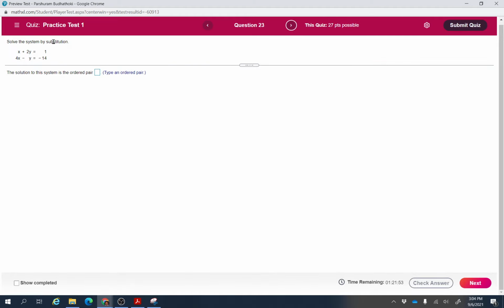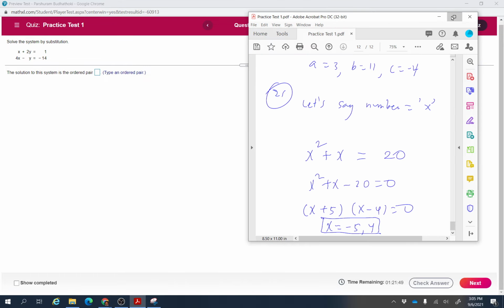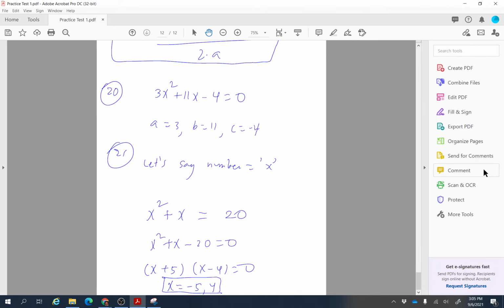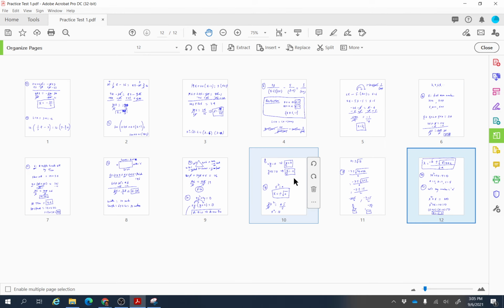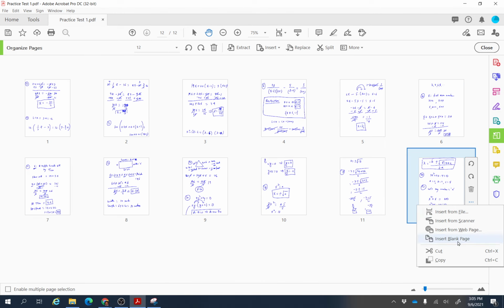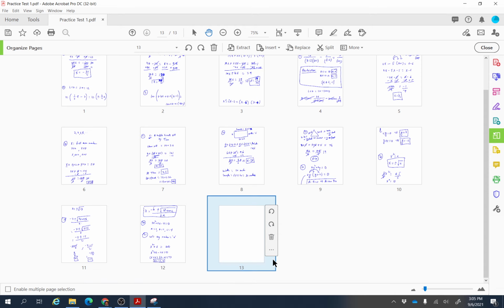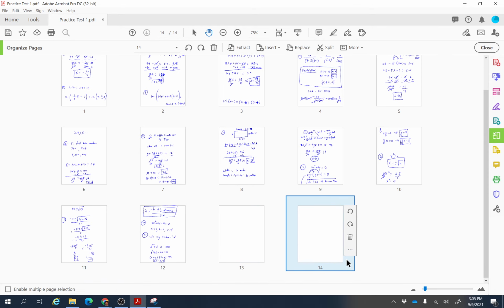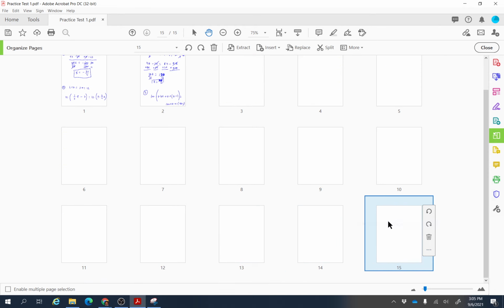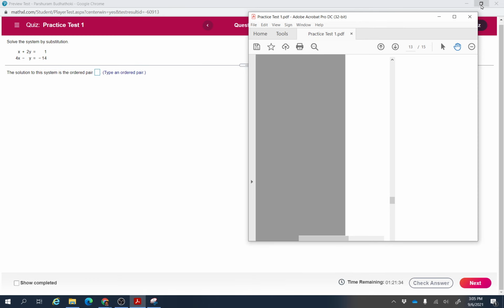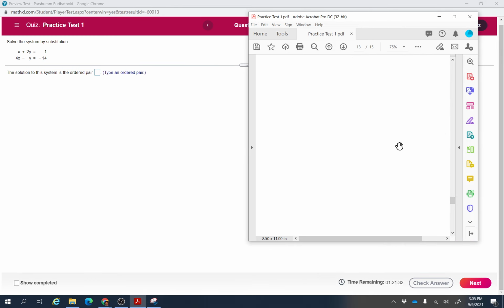Solve the system by using substitution. To use the substitution method, you have to choose one of the equations first to isolate one of the variables. We're going to talk about this problem here.